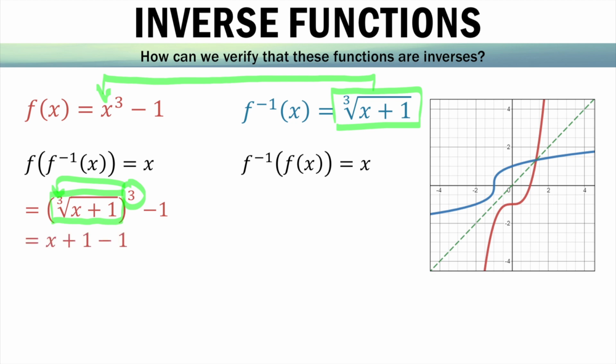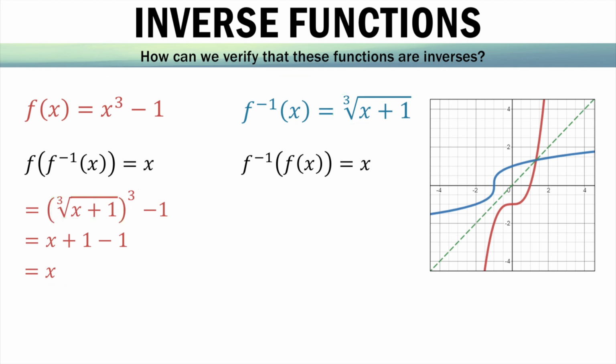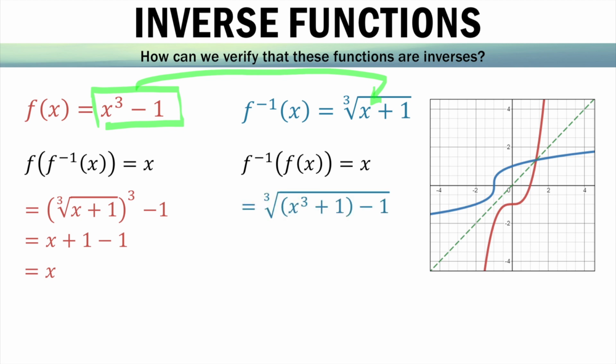So we get x plus 1 minus 1, which is indeed, yay, just x. Now we will reverse that process, and we'll take f of x and plug it into its inverse. So we get the cube root of x cubed plus 1 minus 1, which is just the cube root of x cubed, which, yay, is just x again.